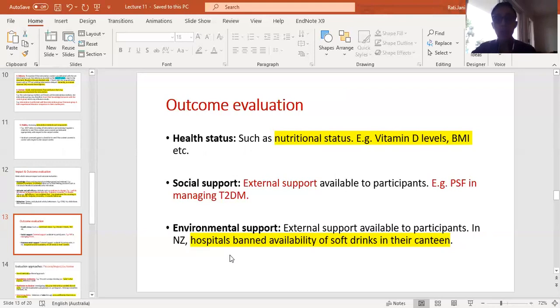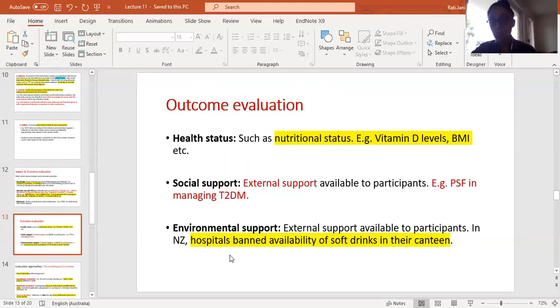All right, then you have environmental support. For example, again, this is in the long term. For instance, you have encouraged your participants to have less sugary beverages and to drink more water and things like that. But what if gradually there are policies which are designed?